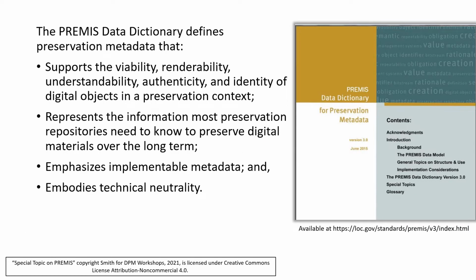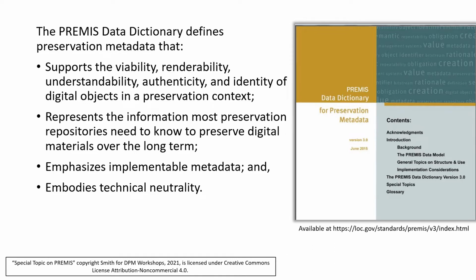The PREMIS Data Dictionary is a comprehensive practical resource for implementing preservation metadata in digital preservation systems. The data dictionary defines preservation metadata as data that supports the viability, renderability, understandability, authenticity, and identity of digital objects in a preservation context, and represents the information most preservation repositories need to know to preserve digital materials over the long run.